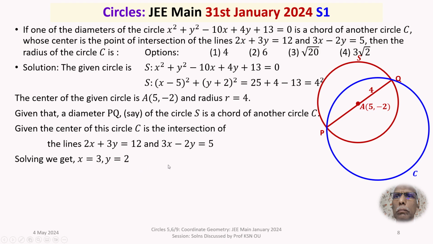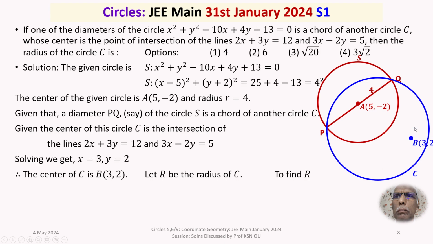Let's call it B, 3 comma 2. The center of the circle C is B, 3 comma 2. And let us denote the capital R be the radius of this circle C. And the question is to find capital R. So join B to Q, that will be capital R. Capital R will be the radius of C and is required to find.